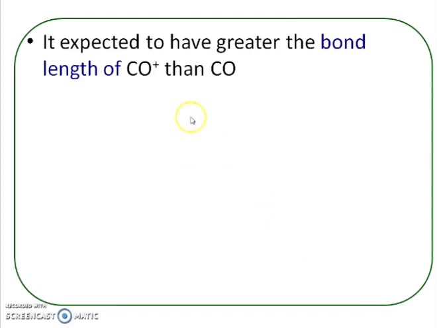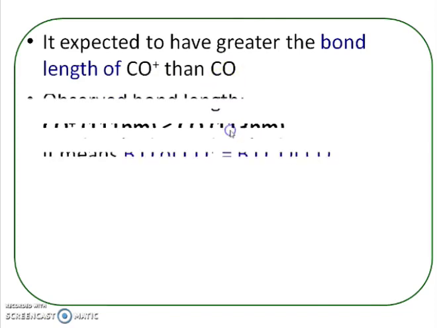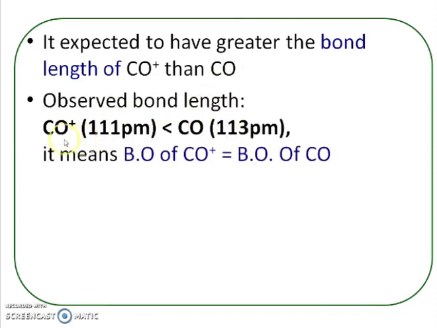So it is expected to have a greater bond length for CO plus than CO. But the observed bond length of the CO plus ion is 111 picometer, and that for carbon monoxide is 113 picometer. Rather than increasing, for the CO plus ion there is a slight decrease in bond length. For carbon monoxide it is 113, and for the CO plus ion it is 111.